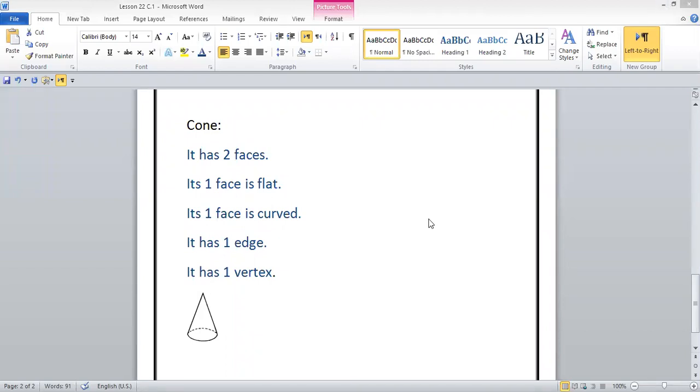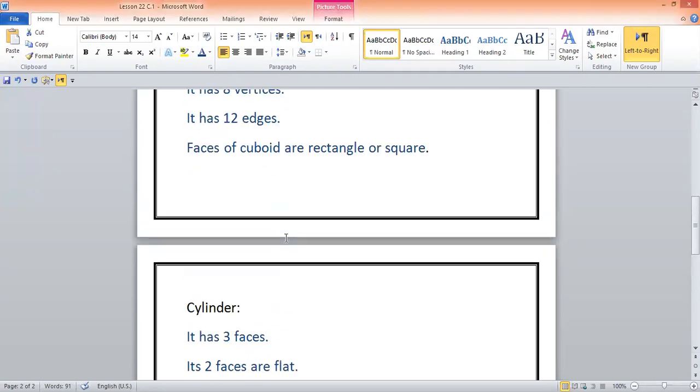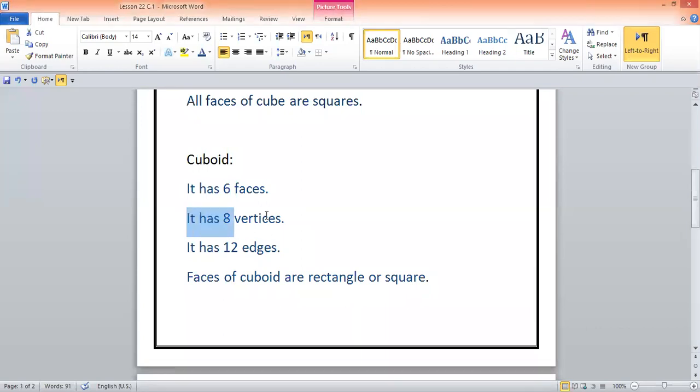Okay. No. No, Abdul Malik Hassan. Look here, guys. This is cuboid. How many vertices does it have? Check here. Eight.